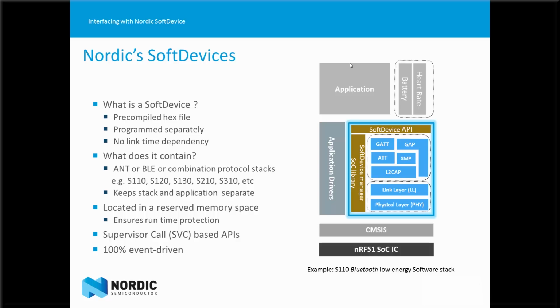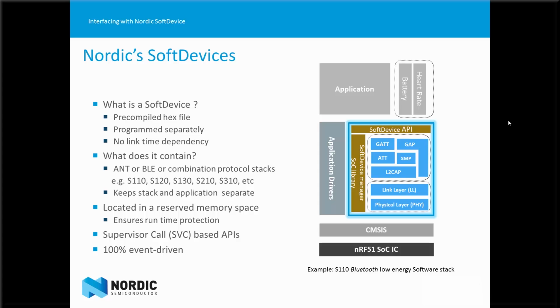That means you only have to compile your application and you don't have to recompile the SoftDevice every time you compile your application. Inside that SoftDevice, we have the radio protocol stacks. It could be ANT protocol, BLE protocol, or the combination protocol. We call them with the code names S110, S120, and S130, and so on. You can find the definition of each SoftDevice in the specification of each of them.